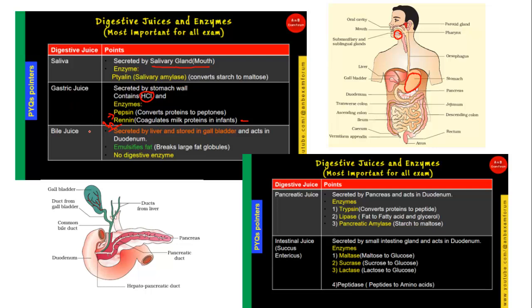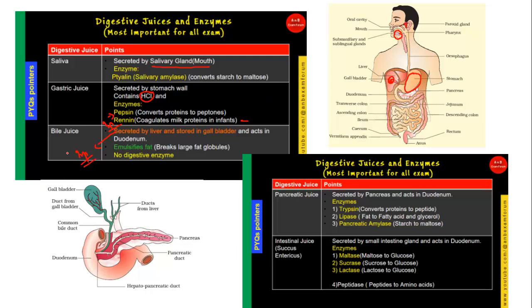Bile juice basically does not have any enzyme, but it is secreted by the liver and stored in the gallbladder. This pointer we have seen many times in the exam. Your liver is secreting this bile juice and it is stored in the gallbladder.